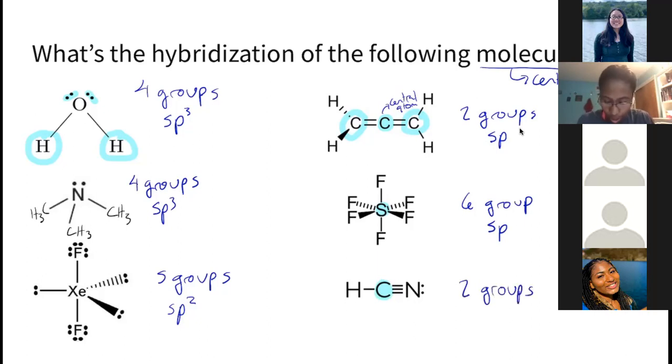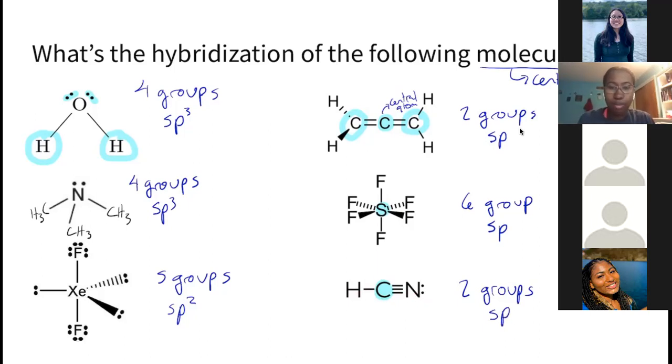The two groups are this nitrogen and this hydrogen. And that kind of goes along with what I was saying earlier. The carbon is connected to the nitrogen by a triple bond, and this carbon is connected to the hydrogen by a single bond. But regardless of what type of bond we have, we still have two different groups around our carbon. So it's sp hybridized.